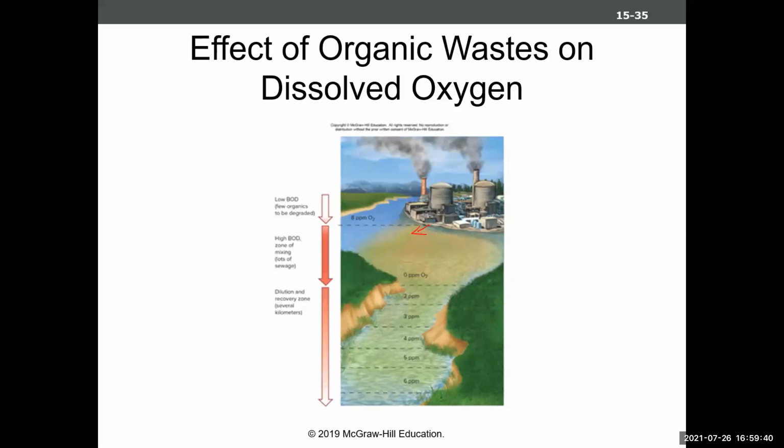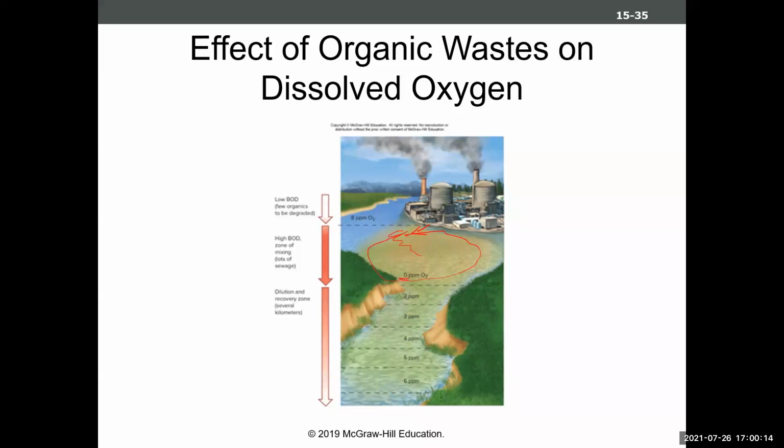And so basically you have a lot of organics here that need to be degraded. So you have a high biochemical oxygen demand because you need a lot of oxygen to break down and decompose the high amount of organic matter in this area. So because you need a lot of oxygen to do decomposition, and there's so much organic matter, decomposition is basically occurring all the time, the available oxygen in this area will be used up.